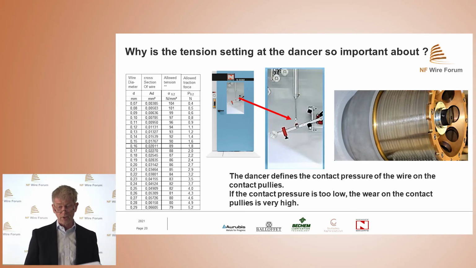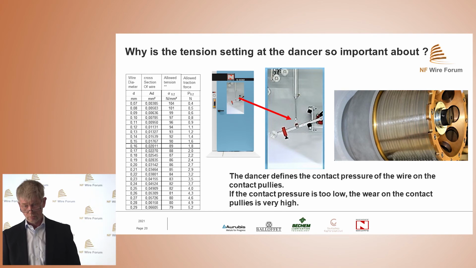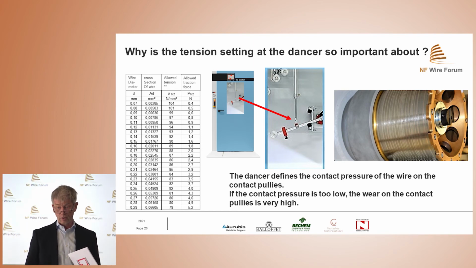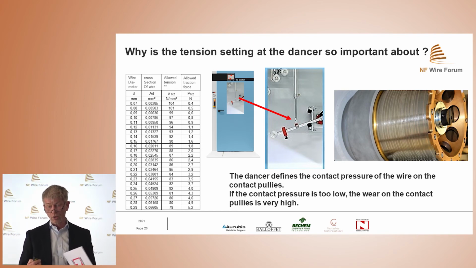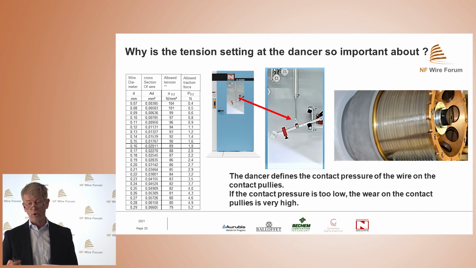What's also very important is that we use the right settings for the dancer for our take-up system. The dancer defines the contact pressure of the wire on the contact pulleys. If the contact pressure is too low, the wear on the contact pulleys is very high.